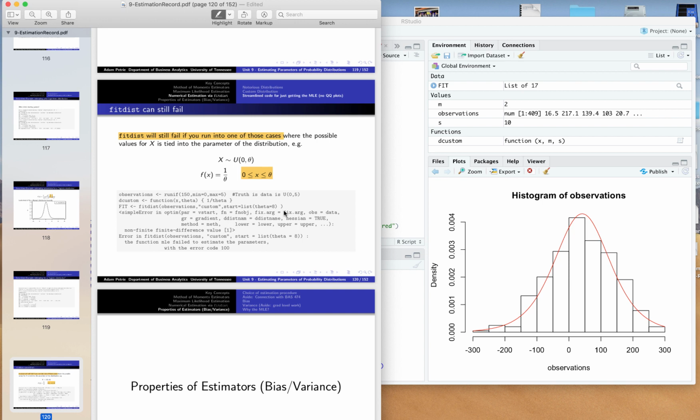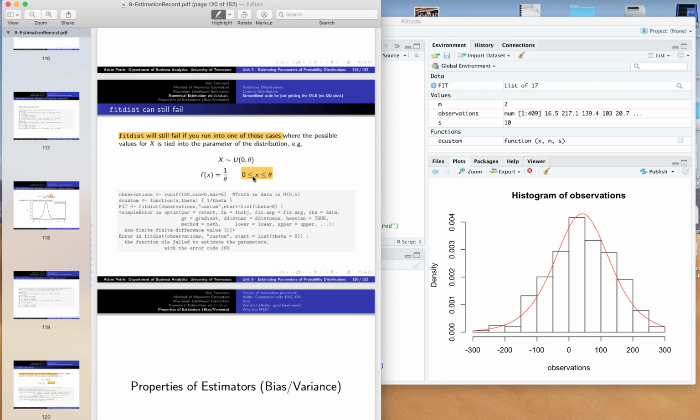Numerical optimization will fail as well, because 99.9% of the time, the optimal value of that unknown parameter is going to be on the boundary, at either the largest or the smallest value of the x's. And numerical optimization is not quite smart enough to figure that out without a lot of extra built-in steps.